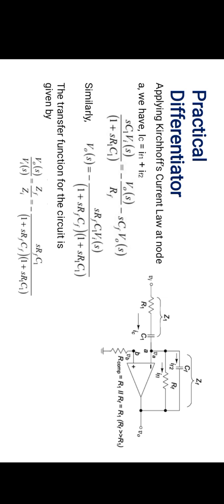The transfer function for the circuit is given by V0 of S by Vi of S equal to ZF by Z1 equal to minus S into RF into C1 divided by 1 plus S into RF into CF, into 1 plus S into R1 into C1.